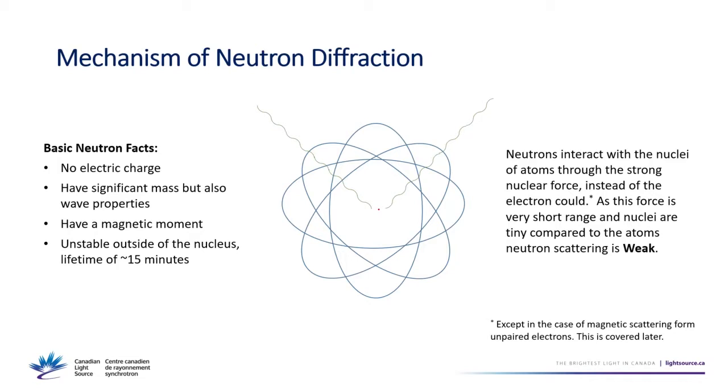So you never have free neutrons floating around for very long in nature, because they decay into protons and other particles. The whole topic of how long a neutron lives is kind of interesting. It's about 15 minutes, but it's still an area of active research because people have used different strategies to determine it, and they get somewhat different answers, so they're still trying to pin down exactly what it is.